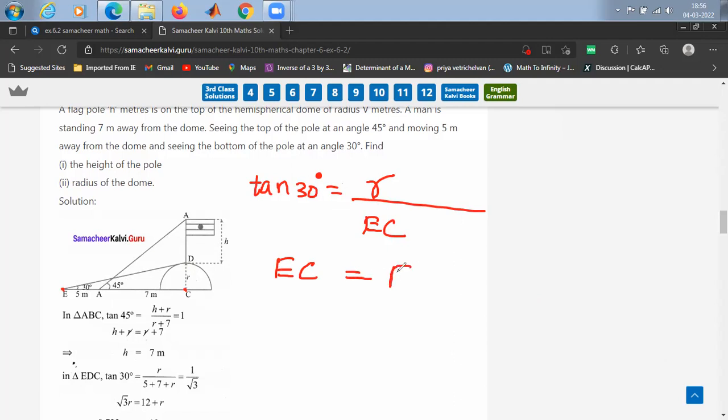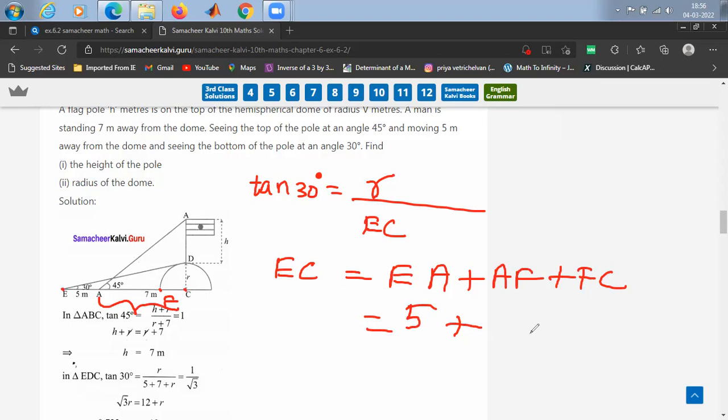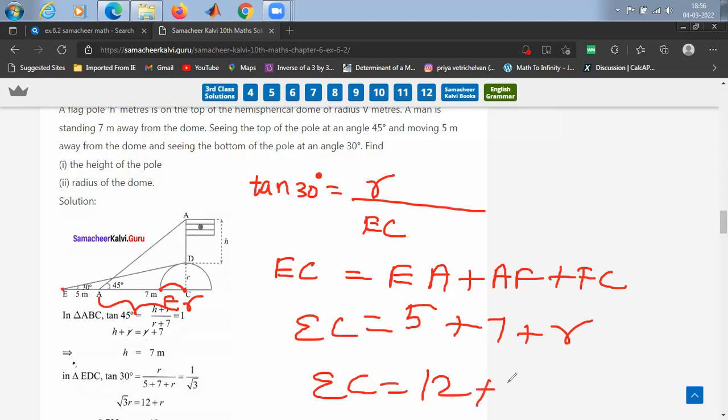EC can be written as EA plus, let's name this as F, EAF plus FC. So EA is 5 meter and EAF is 7 meter and FC is nothing but radius of the dome, which is R. So EC is equal to 12 plus R.